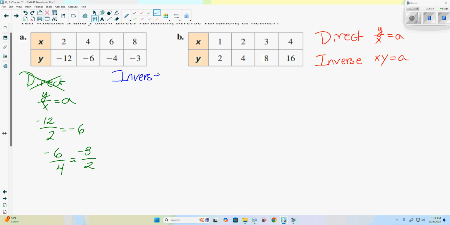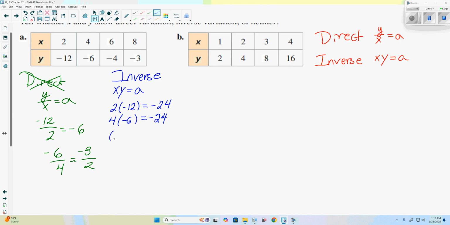The next one we have is inverse. And if it's an inverse, the x and y, if we multiply them together, we should get a constant amount. So the first one we can do is what? 2 times negative 12 is negative 24. Okay. We're going to move on to the next one. 4 times negative 6, which would be negative 24.